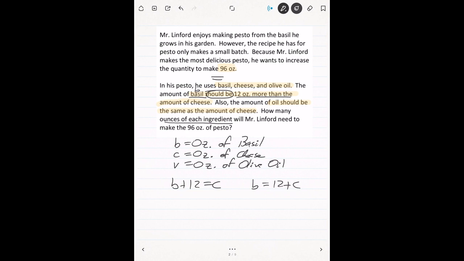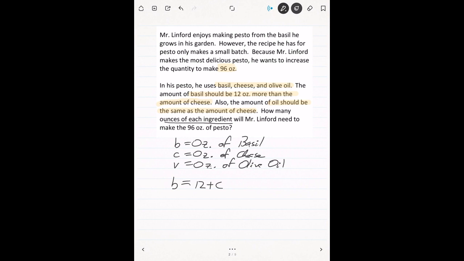And then we say 12 more than the cheese. So on the left side of the equal sign is B, and on the right side is the 12, the plus, and the cheese. So this would be the correct equation. So we have one of the equations that we need.